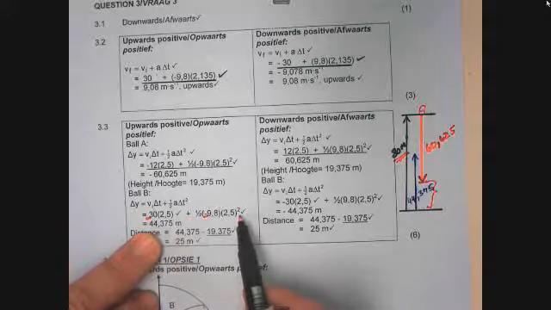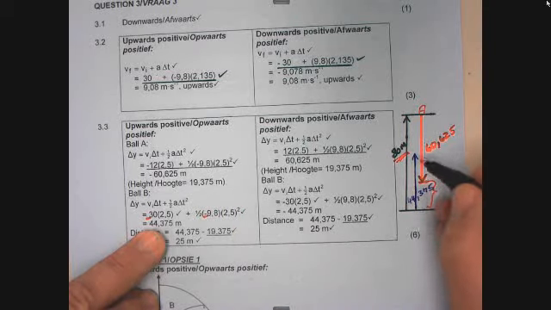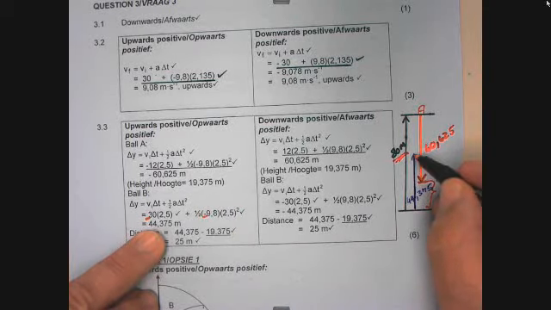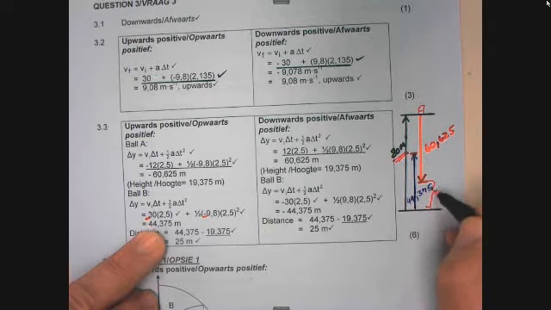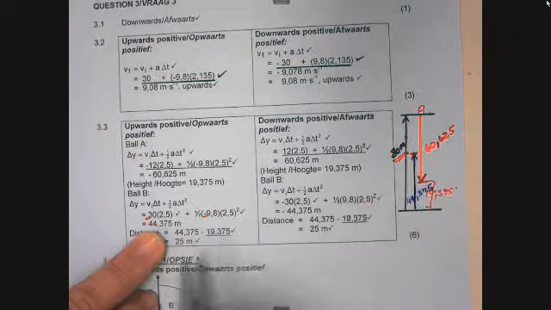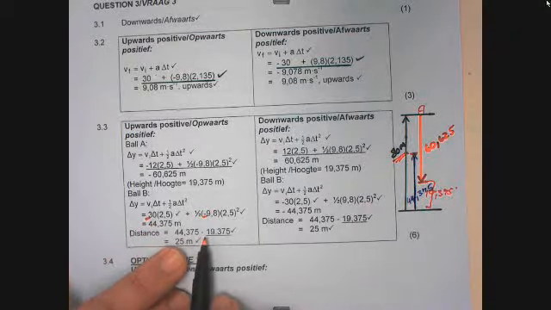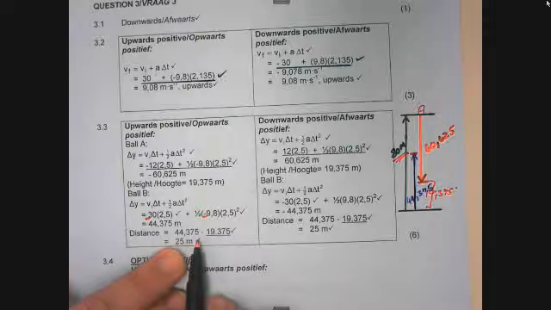And now the learner must realize he must get the difference between this height of 44.7375 and the height here of 19.375. So you must deduct that from each other to get at the end the final distance between the 2 balls.